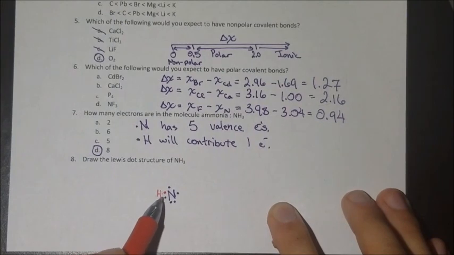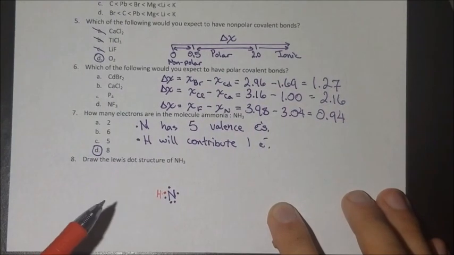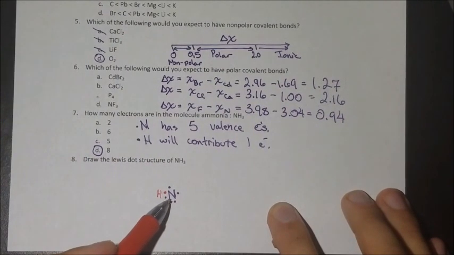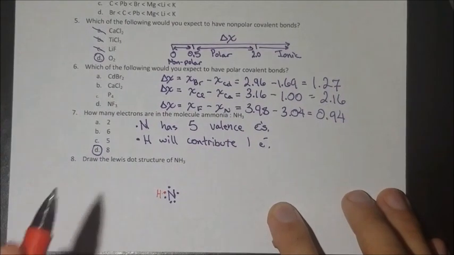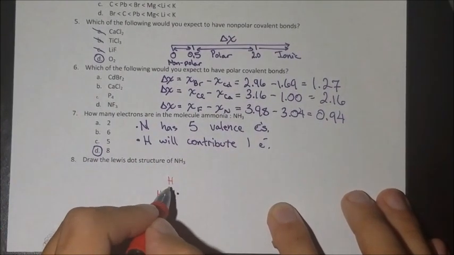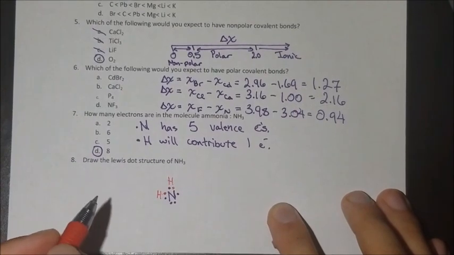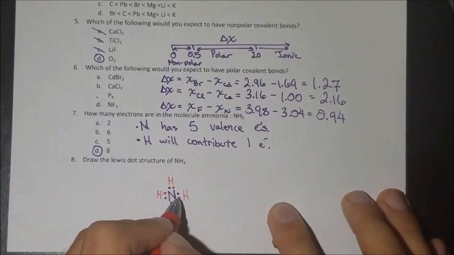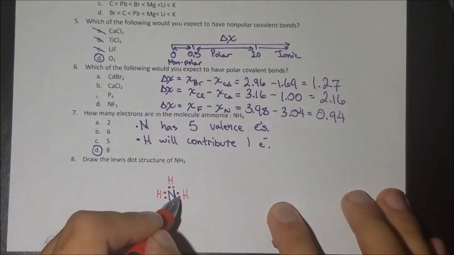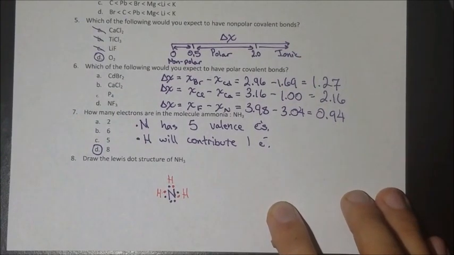And together, the electron pair is what constitutes the bond between the nitrogen and the hydrogen, the covalent bond. So we can show that here for this hydrogen and this hydrogen, just like that. So this is the Lewis dot structure of ammonia.